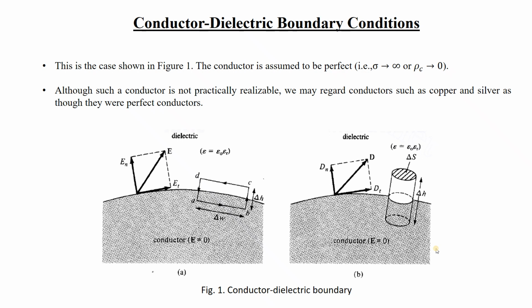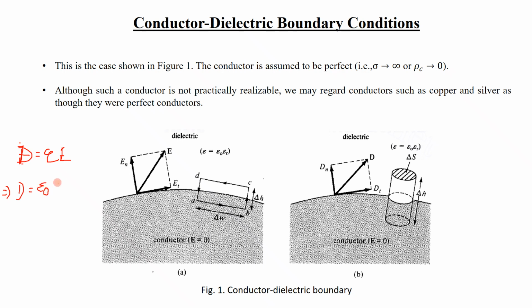Now the relationship between electric field intensity and electric flux density is that D equals epsilon E, that we all know, where epsilon is the permittivity of the medium.